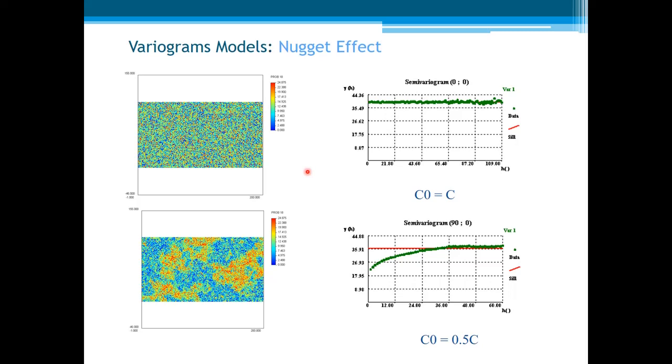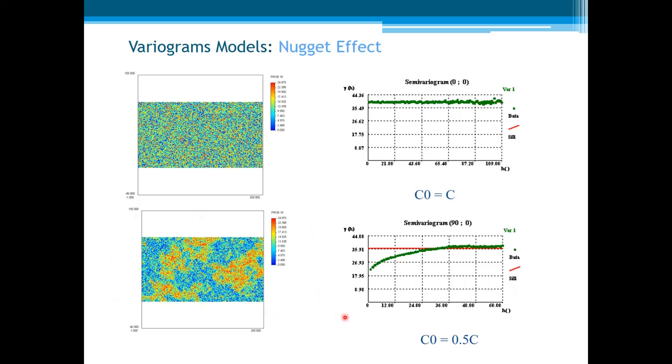Note that this is very hard to observe in natural phenomena, unless man has put his hands on it. But this represents a situation where the nugget effect represents all of the total variability.